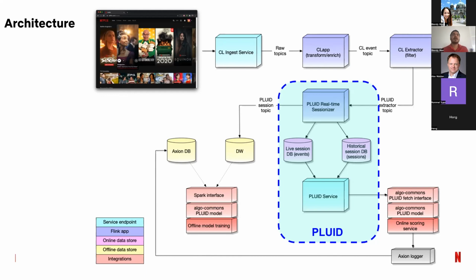The question is whether the scope of a session is limited to a profile, or if the same profile is active on multiple devices at the same time, are those the same or different sessions? The answer is they are different sessions. When we sessionize, we are not only grouping by profile ID, we also add device ID into it. So the same profile being active on multiple devices will create multiple concurrent sessions, and they'll be summarized separately.